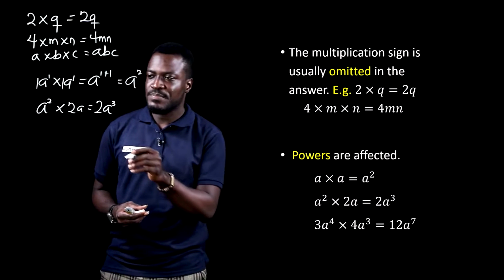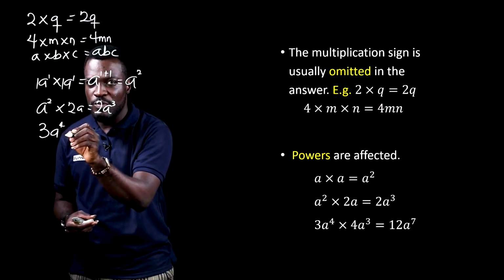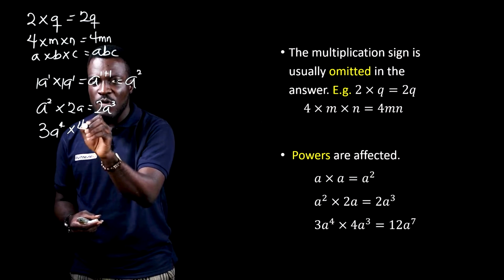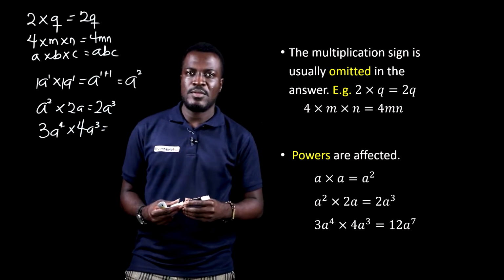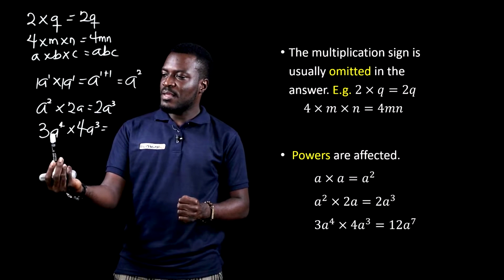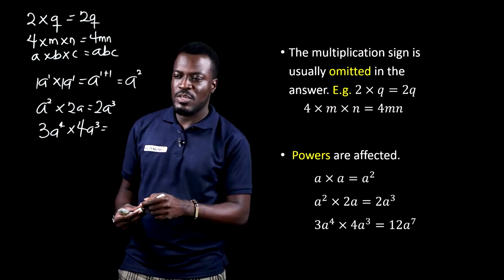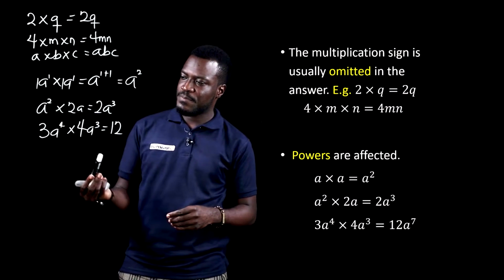Now let's try another one. If we have 3A raised to the power 4 multiplying 4A raised to the power 3. So let's deal with the numbers first, or the coefficients. 3 times 4 will give us 12. Now let's come to the variables.